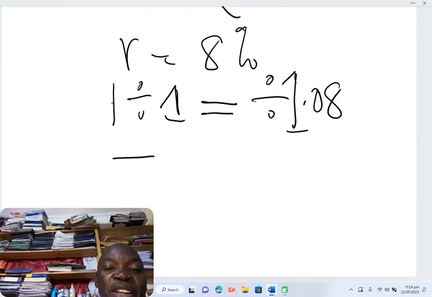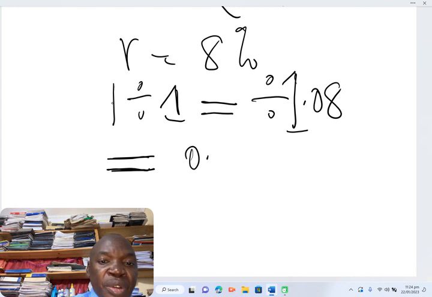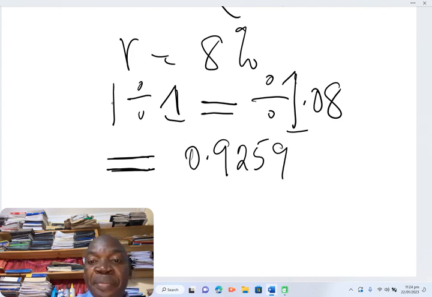The first equal sign will give you 0.9259.